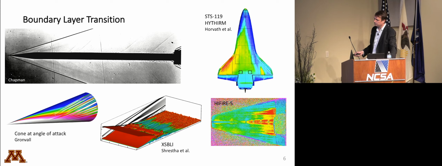This is the HiFire 5 geometry, looking down on that 2-to-1 elliptic cone, and this is temperature-sensitive paint. You see these wedges of high temperature and therefore turbulent flow, and these really streaky structures upstream of these that then break down and go turbulent. And some other structure, probably unrelated, on the center line.